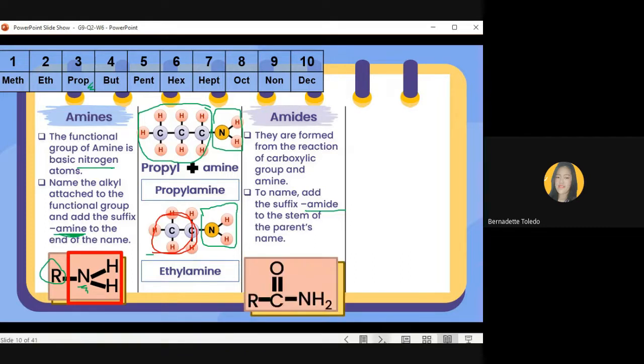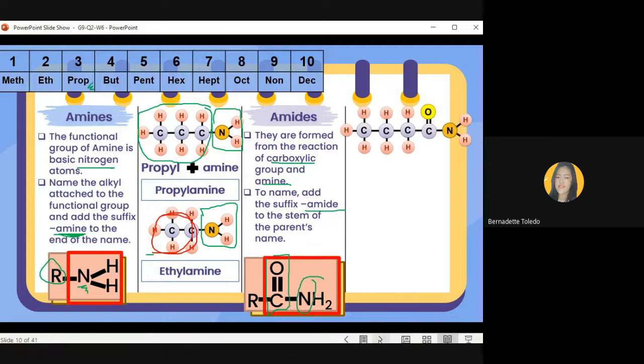Here is the functional group or general formula of an amide. As you can see here, meron tayong carboxyl group and a nitrogen atom connecting to it. Kasi nga sabi kanina, it is a combination of carboxylic acid and an amine. So how we will use this one? Here is the example. Yan. So this would be the functional group.